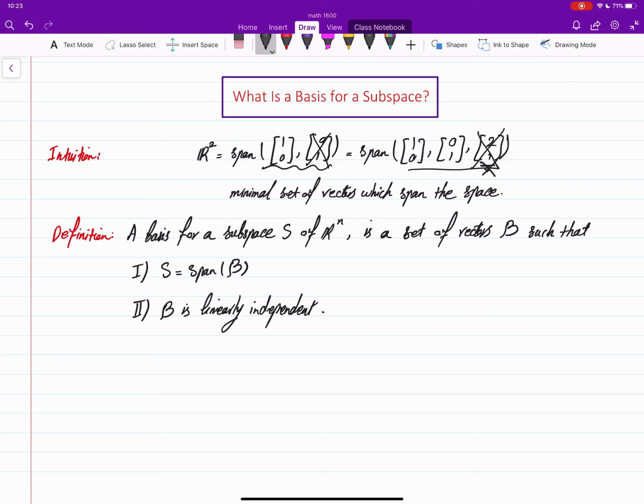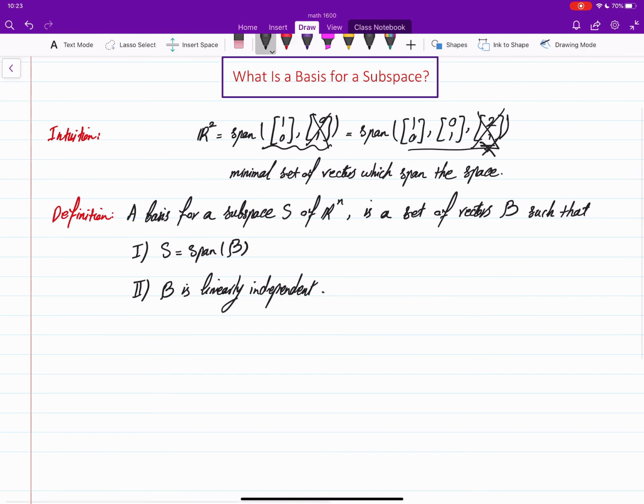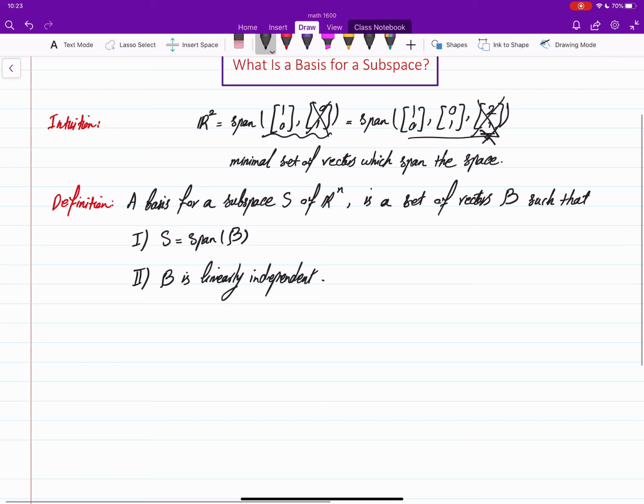So if I take that out, the spanning set will still be the same. Linearly independent sets are the minimal sets that generate that spanning set. So you always have to check these two conditions: the vectors span the whole thing, and the vectors in the set are linearly independent. We will do some examples here.